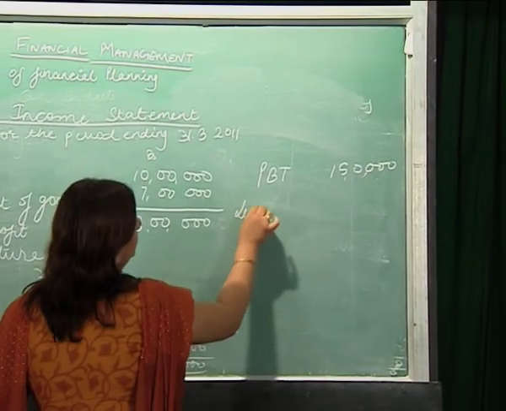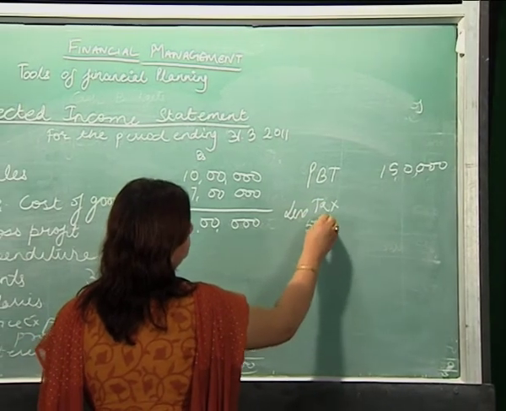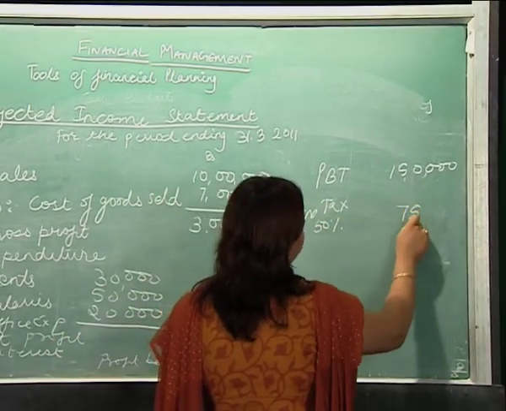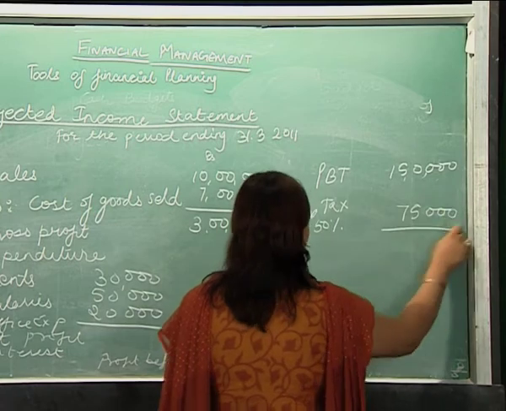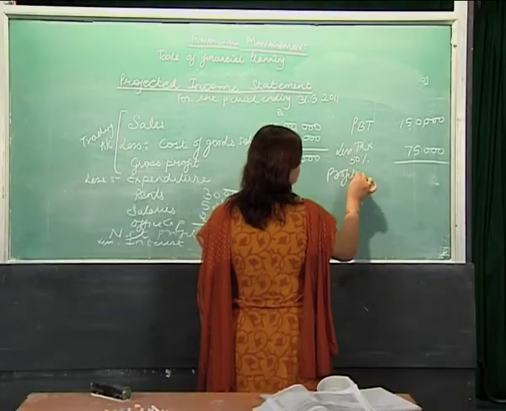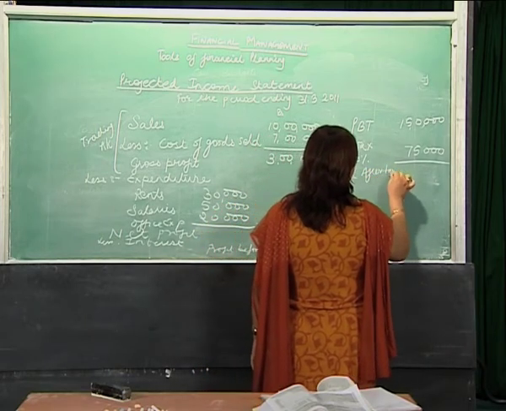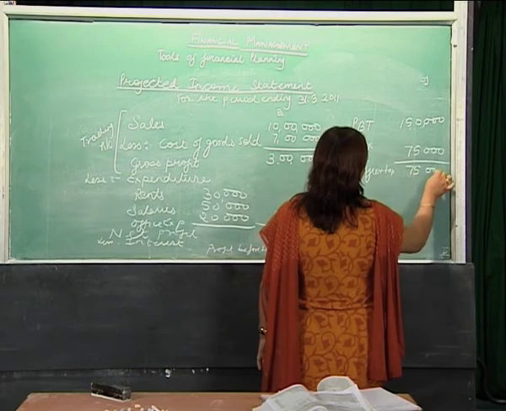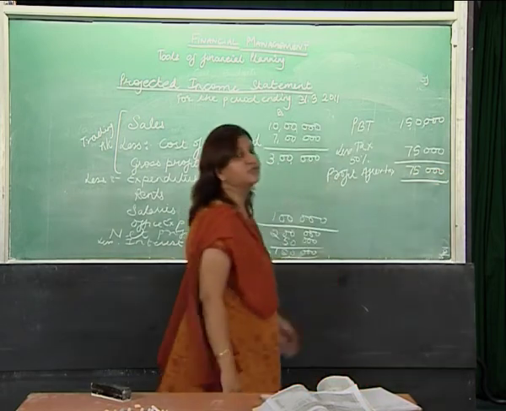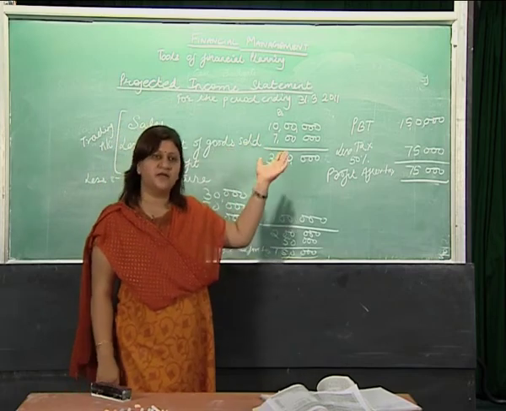We will subtract tax. Let the tax rate be 50%. It is 75,000. So, our profit after tax will be 75,000. So, this is the way we compute the income statement for a period ending.